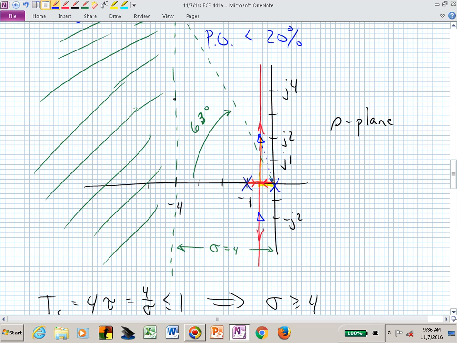And this now tells us we have no hope of getting inside the shaded region, which is determined by our design specifications. We now need to dramatically change that original root locus shape or pattern.